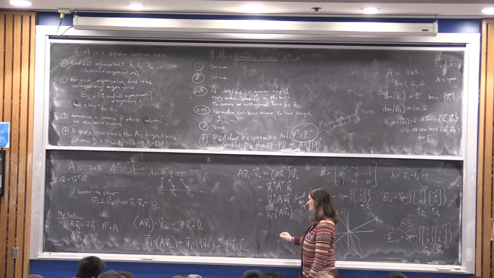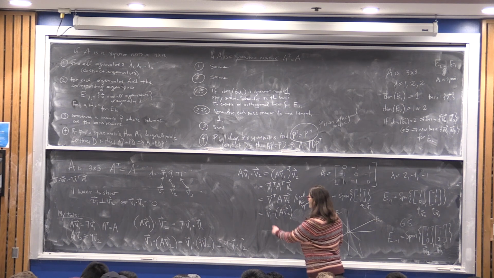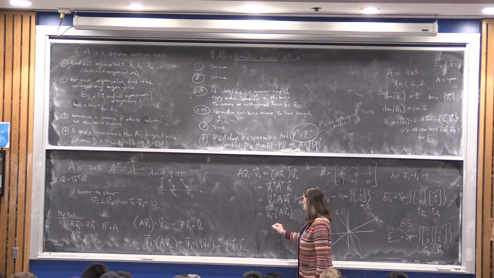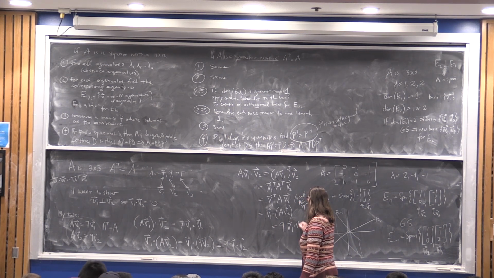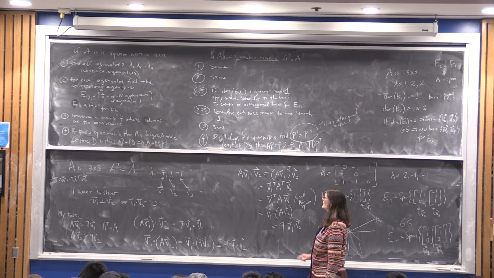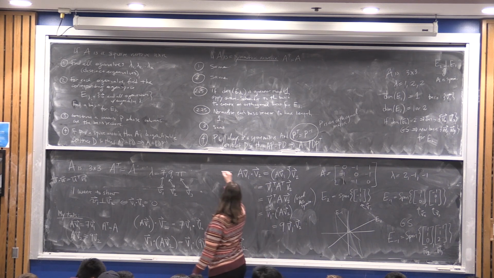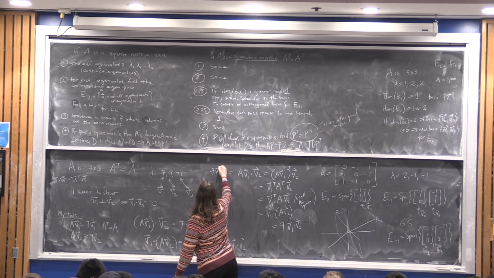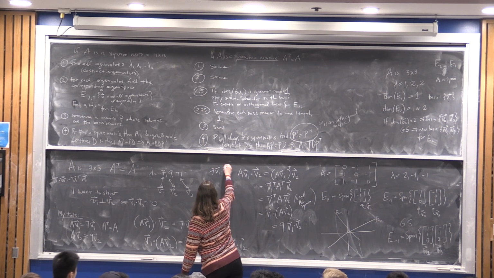So now I'm ready to go. V1 dot product A v2 is equal to 9 times V1 dot product V2. A v1 dot V2 is equal to what? 7 times V1 dot product V2.